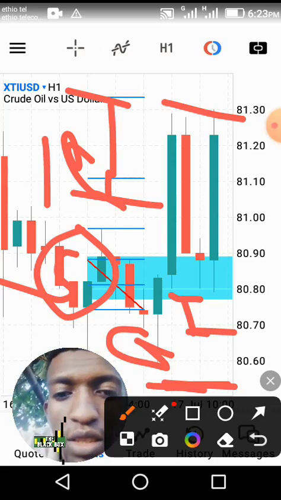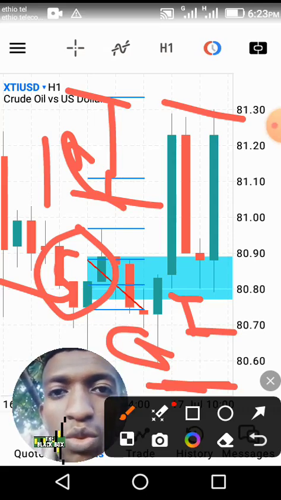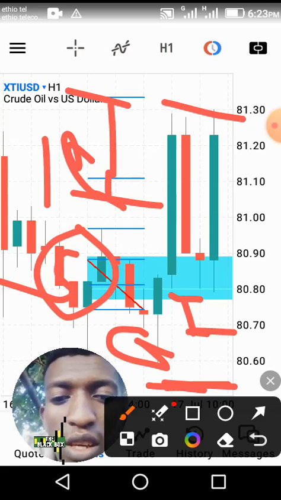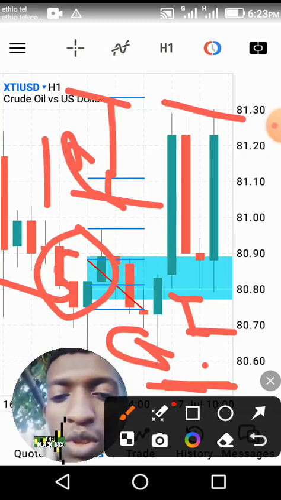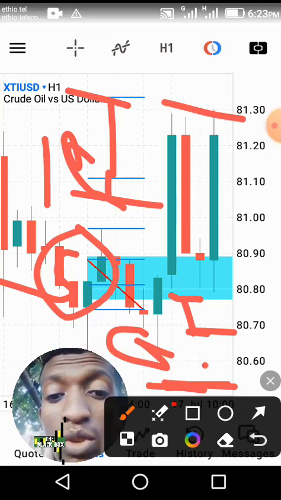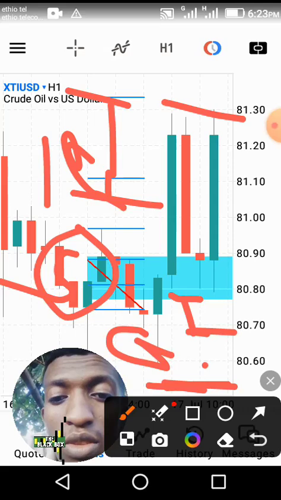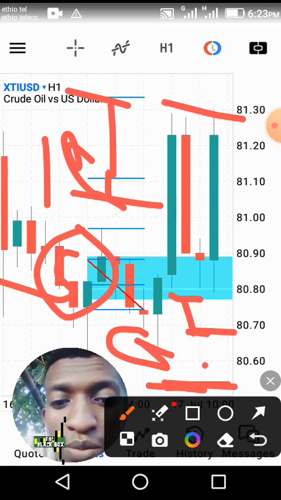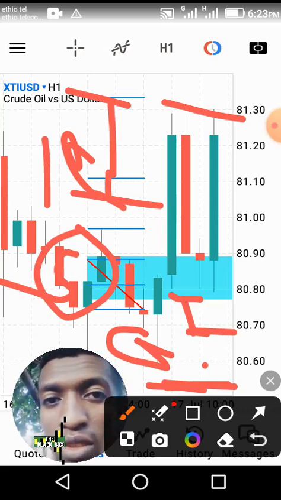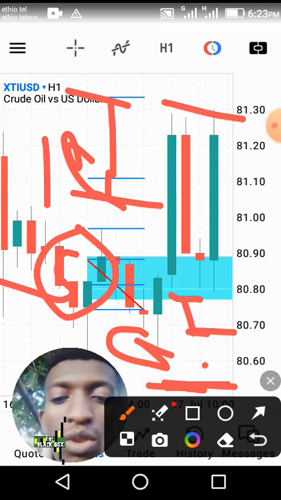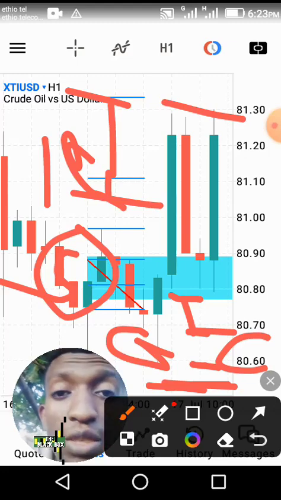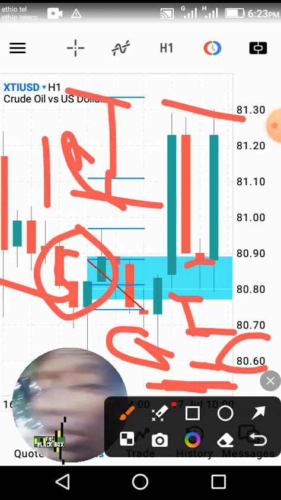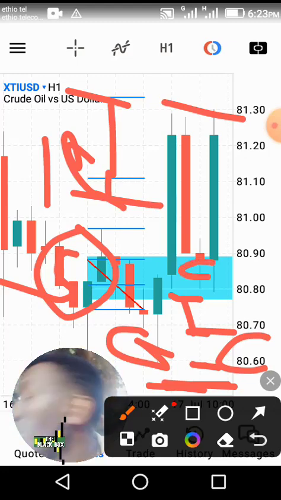They are going to buy from the willing sellers, because there are trapped sellers here. So they will be buying from the discount area, from the cheapest area down here, not up here.